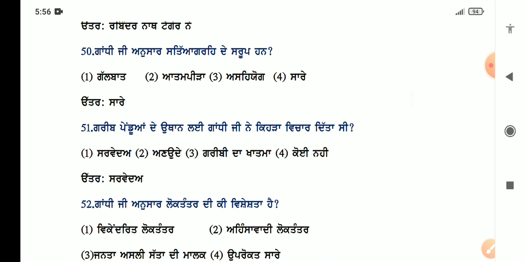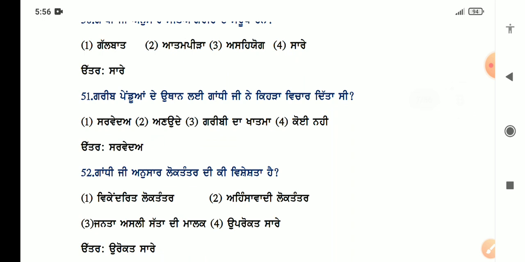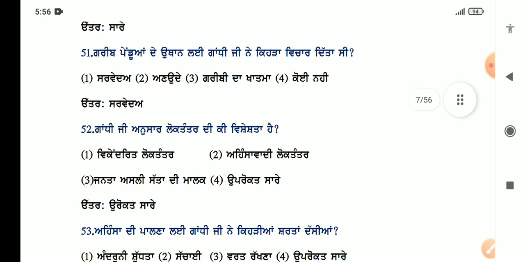What was the thought to remove poverty from the villages or to help poor people? What did Gandhiji think? It is Sarvodaya. His thought was Sarvodaya, means Sabka Uday. What is the future of democracy according to Gandhiji?